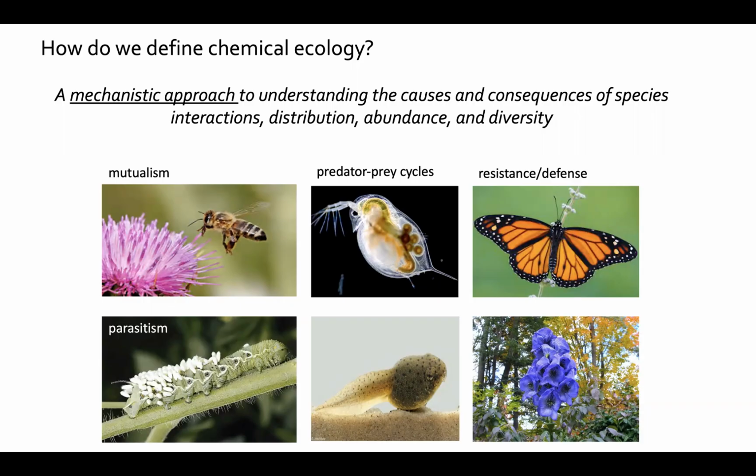And so more specifically, this field really aims to understand the role that chemistry plays in mediating a lot of different types of interactions. One you might be familiar with is mutualism, right? This is a bee and a flower, and we're talking about pollination.